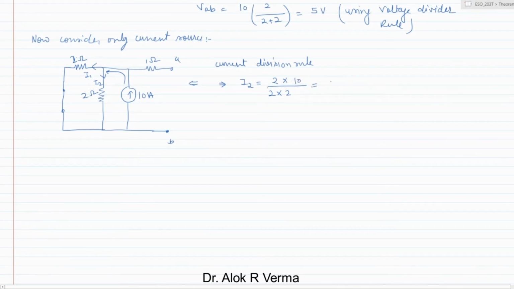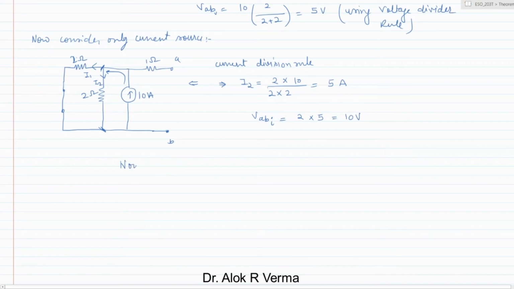So it is 20 by 4, that is 5 ampere. So what is the voltage across this 2 ohm resistance? VAB due to the current source is nothing but 2 into 5, which is 10 volts.